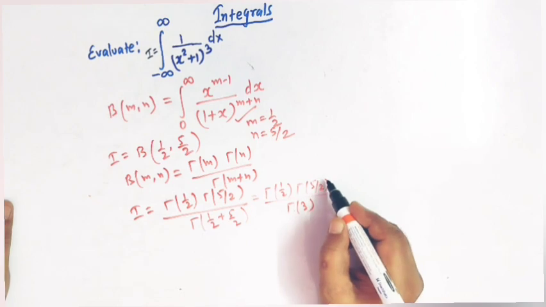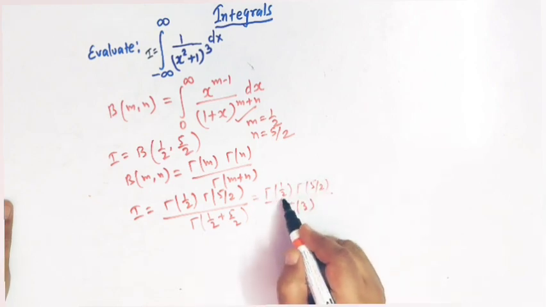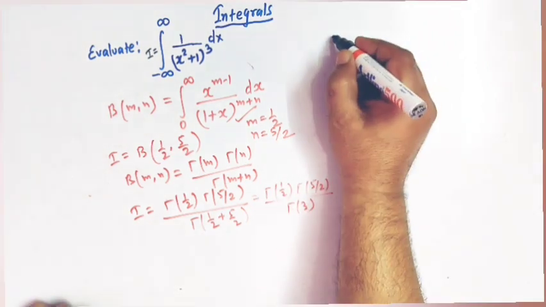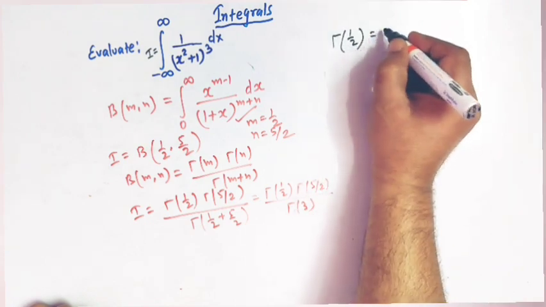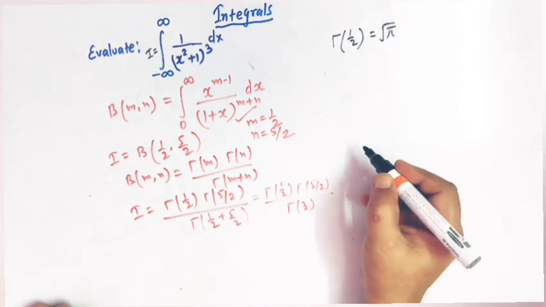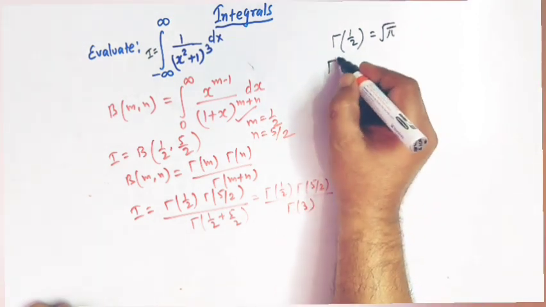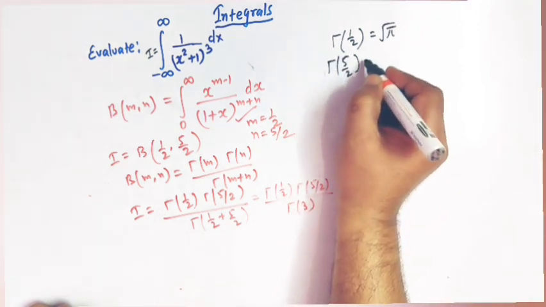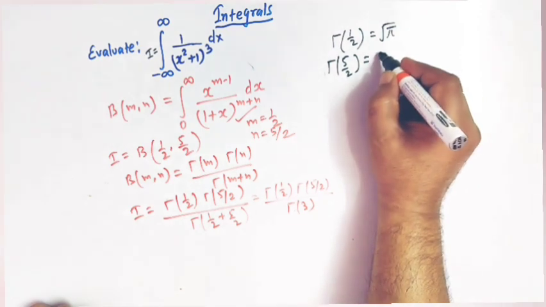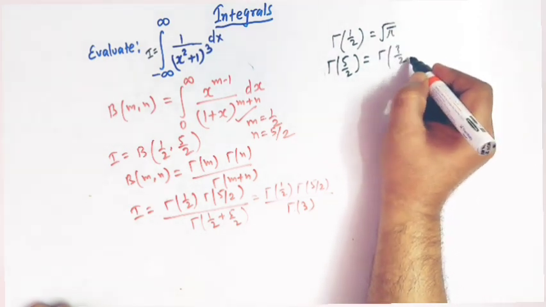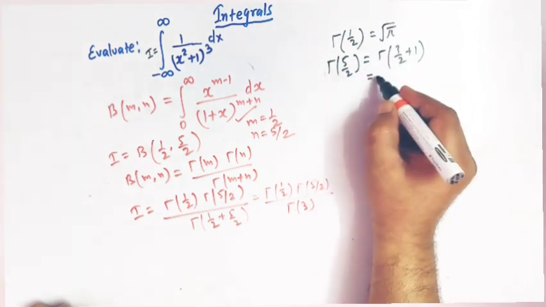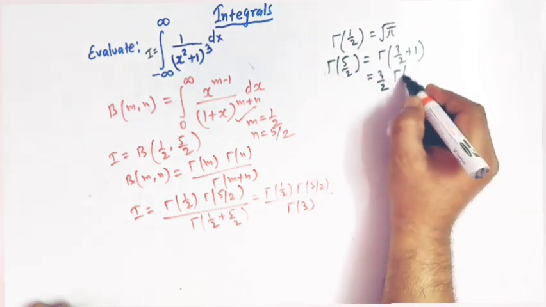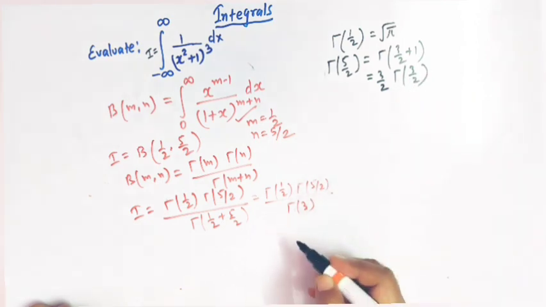So now we have to find the value of gamma of half and gamma of 5 by 2, right? Now see, we know that gamma of half is equal to square root of pi, right? And gamma of 5 by 2 can be written as gamma of 3 by 2 plus 1, because 3 by 2 plus 1 is 5 by 2. So this is 3 by 2 gamma of 3 by 2, right?